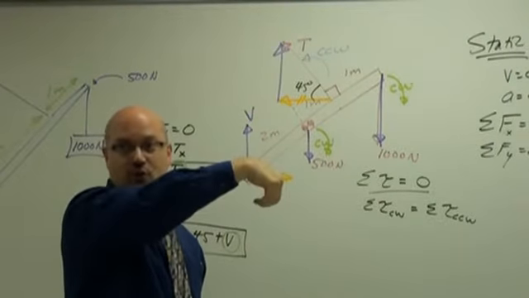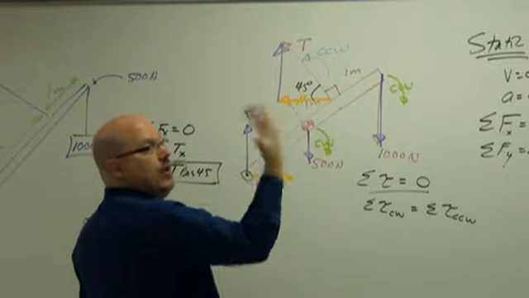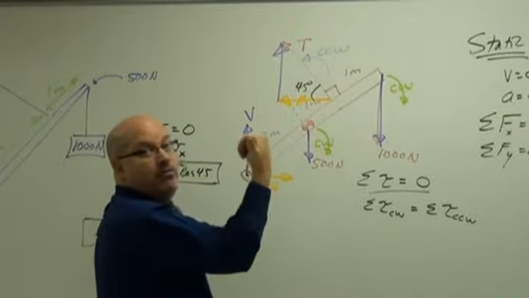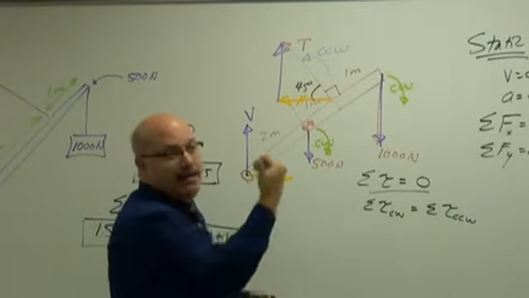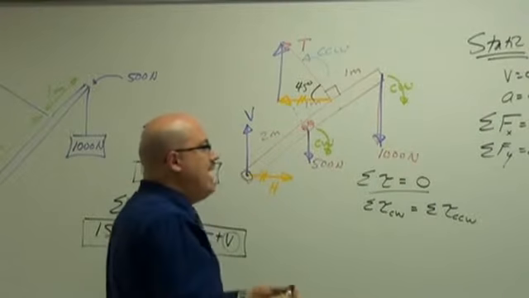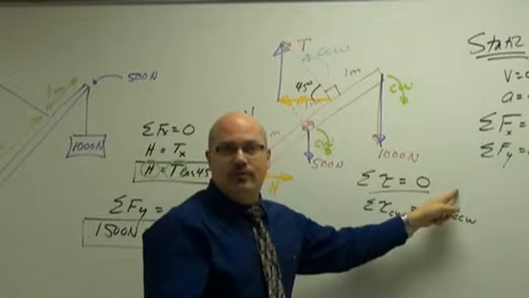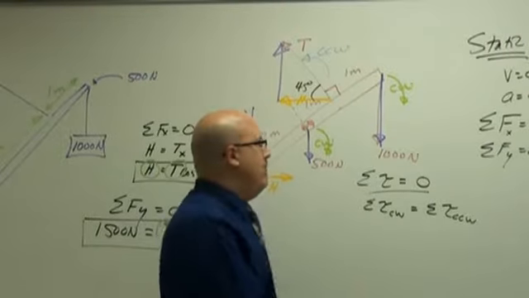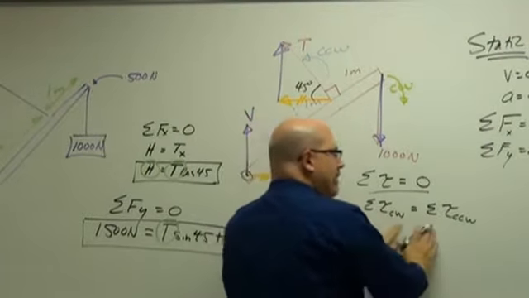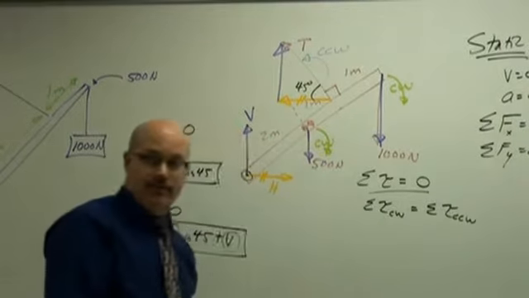Technically that's a negative torque. Counterclockwise torques will give you a torque out of the board. Mathematically, out of the board is positive. So technically you would have a positive torque and two negative torques that'll add up to 0. But it's easier for most people just to separate them. Clockwises must equal counterclockwise. Does that make sense?